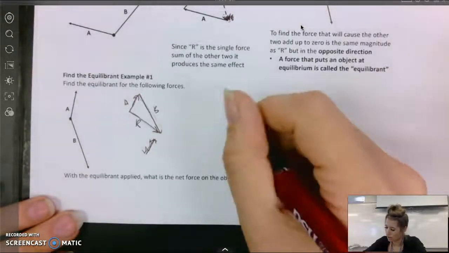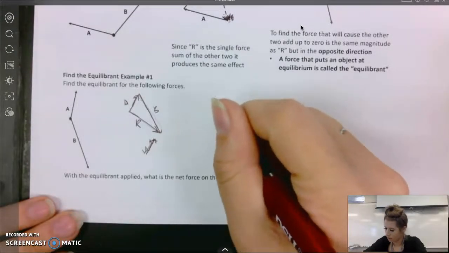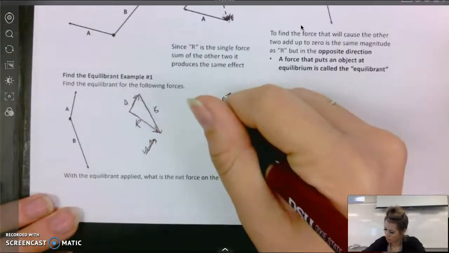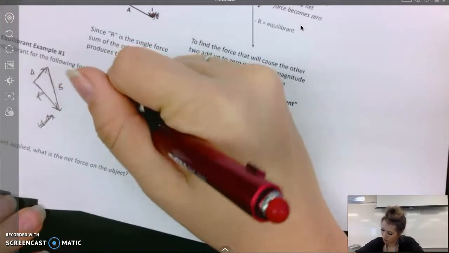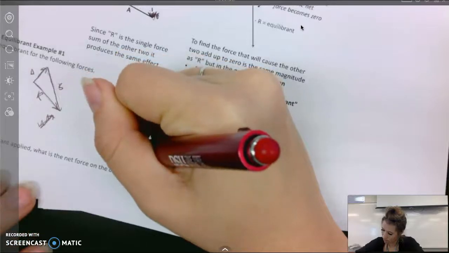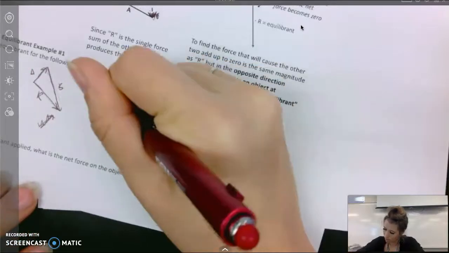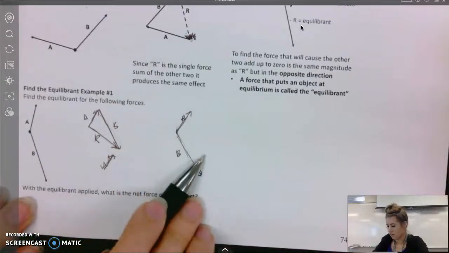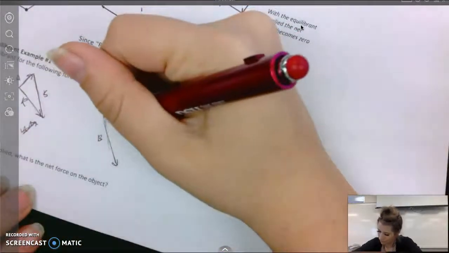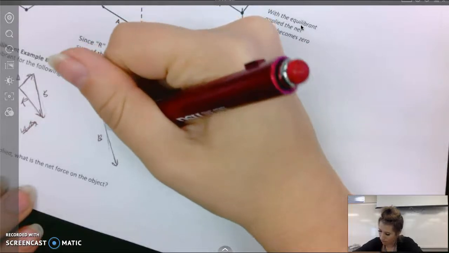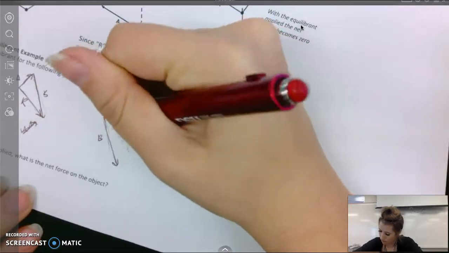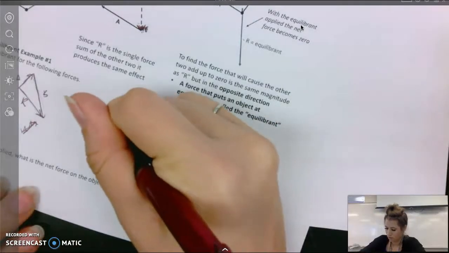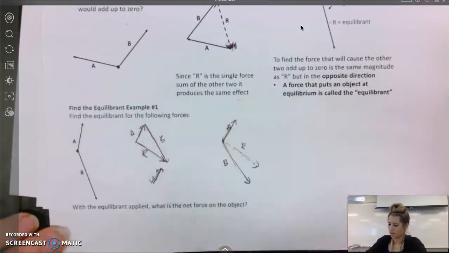Okay? So there's the resultant. So if we have A right here, we have B over here, the resultant is kind of right over here. Okay, that's the resultant.